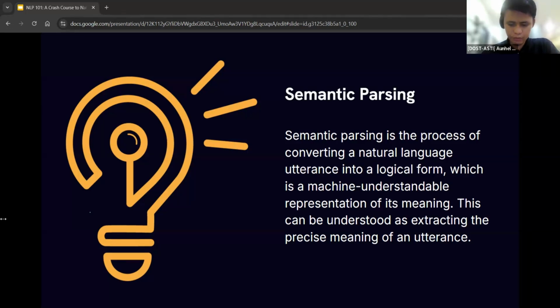Earlier we said that language is a very complex thing, and that goes for English, say Spanish, French, Filipino. So all languages are complex. So imagine creating systems that could cater to natural language, regardless of what language it is.